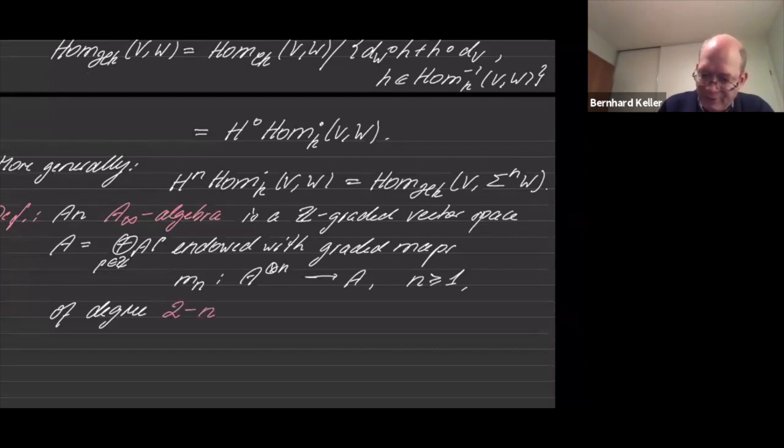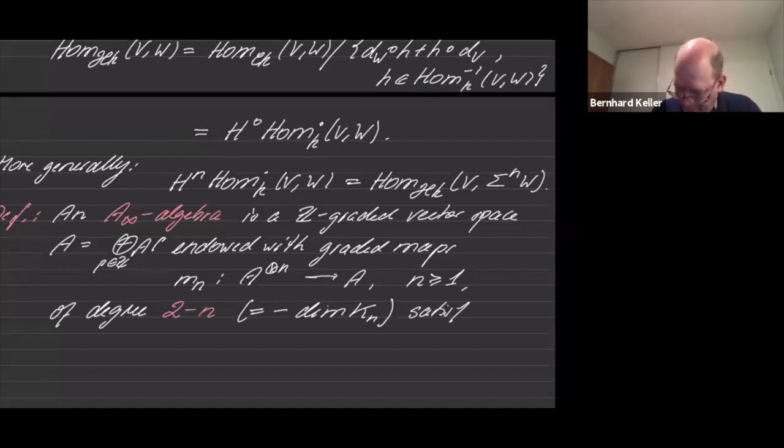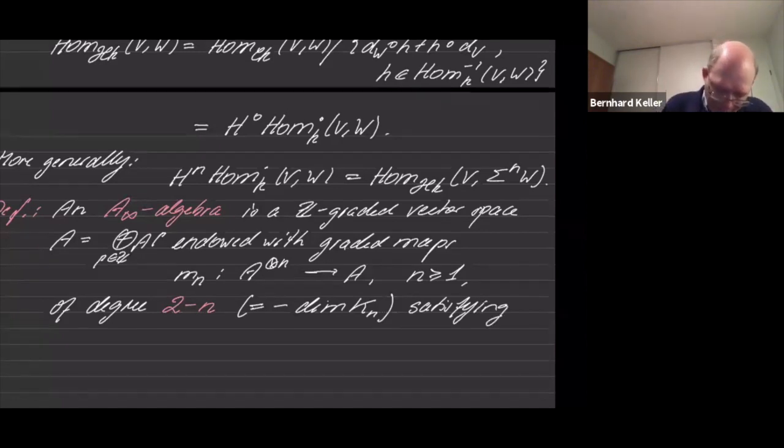Yes, notice that this is just the opposite of the dimension of the nth Stasheff associahedron. Yes, that explains why it's this number. And they should satisfy the following conditions.